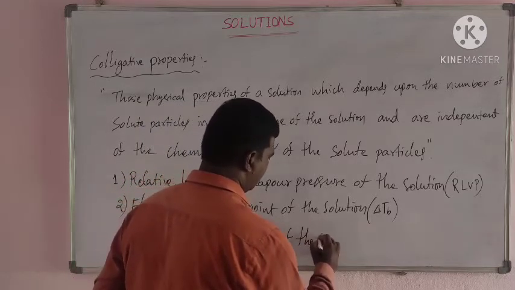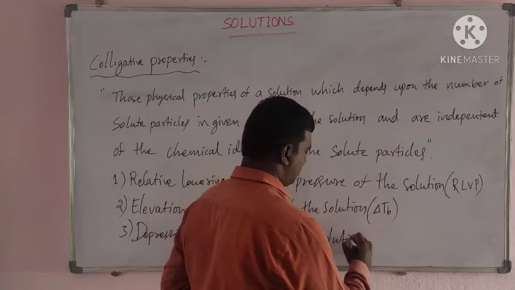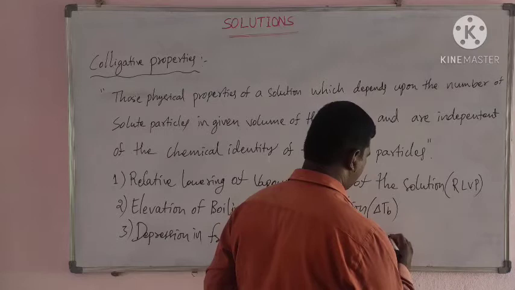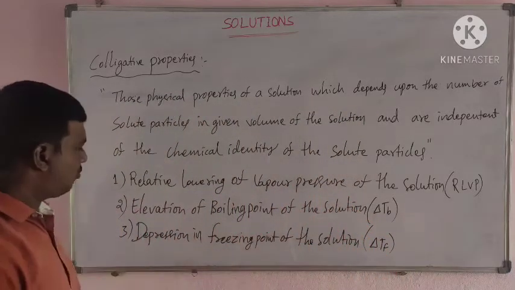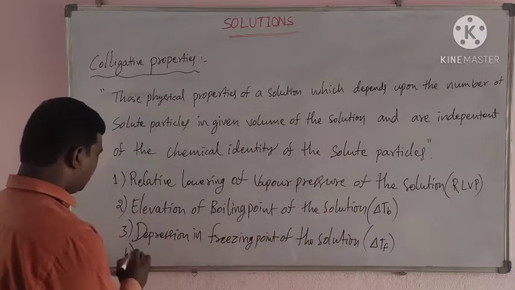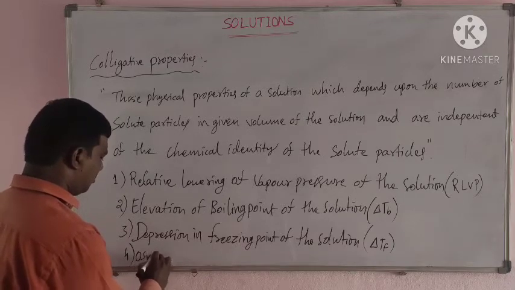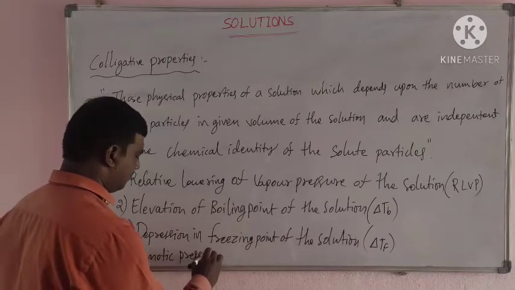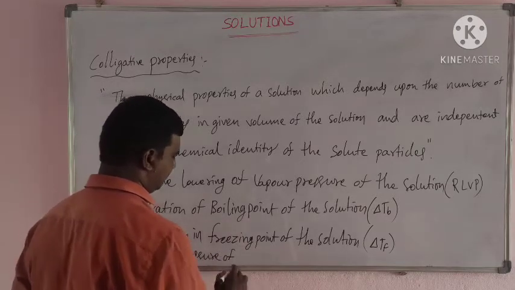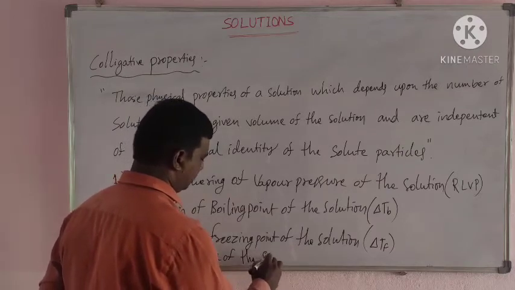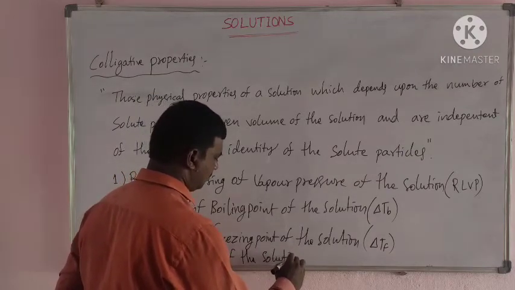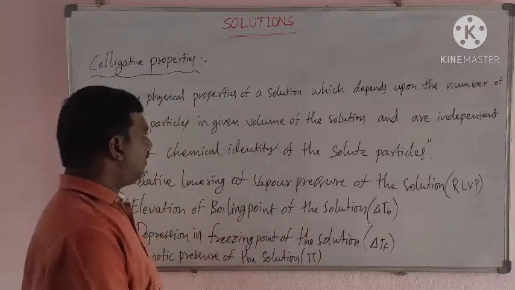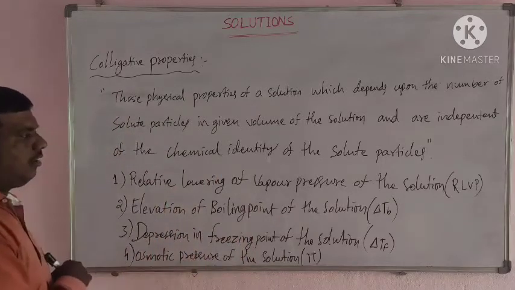It is indicated as delta Tf. And the last one, the fourth one, is osmotic pressure of the solution. It is indicated as pi. Here, colligative properties are of four types.